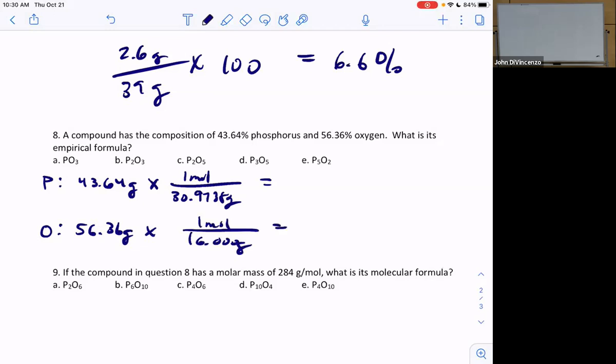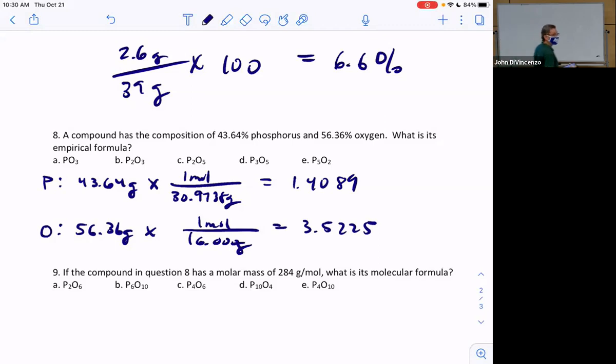Someone can do that. I got 1.4 for the first one, phosphorus? Yes, 1.408. Okay. And then the second one is 3.522. 3.5225. Okay. Everybody, someone else confirm those, or at least those are good.